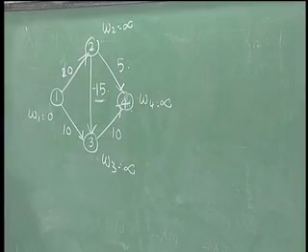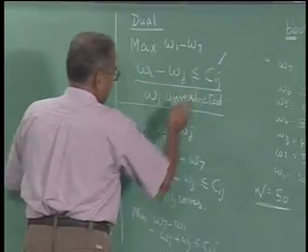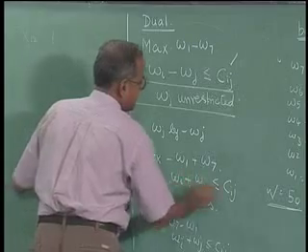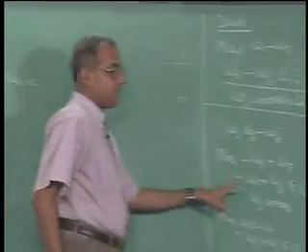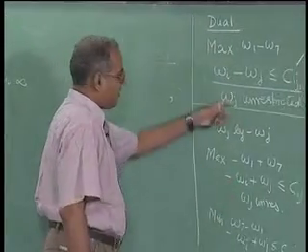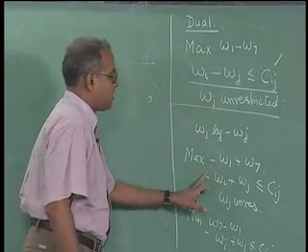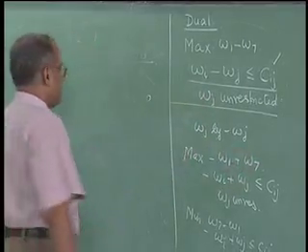So first thing is, if we write the dual this way, by changing this we get Wj minus Wi is less than or equal to Cij. Now, if we replace this unrestricted variable by the negative of that, you would get Wj minus Wi is less than or equal to Cij.